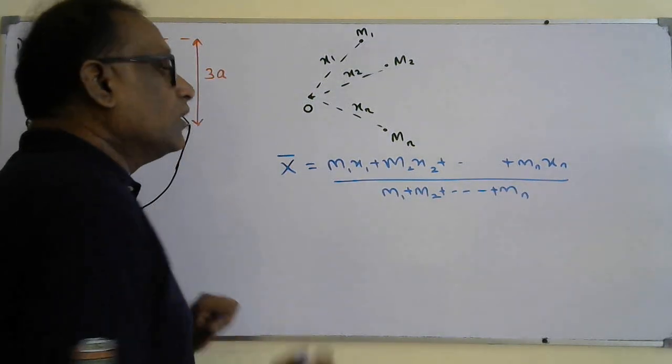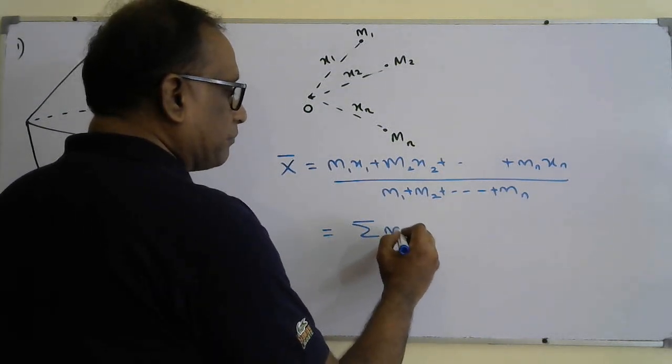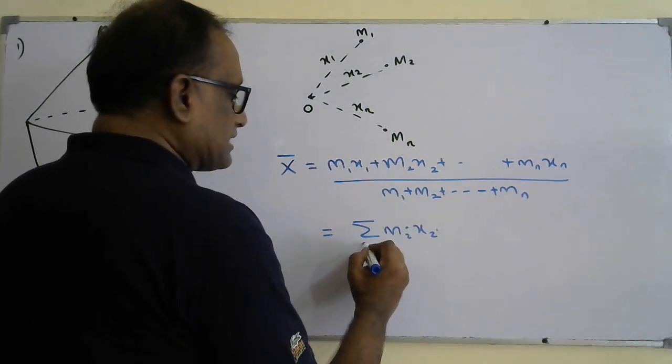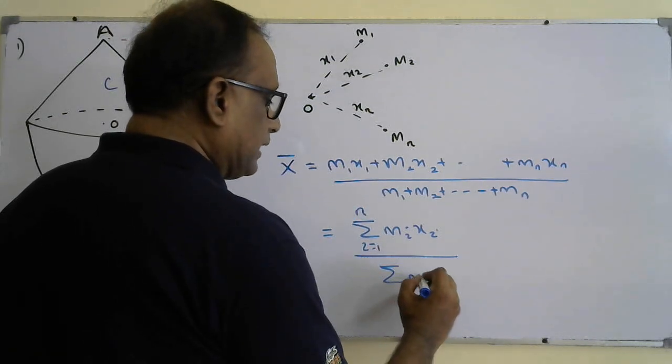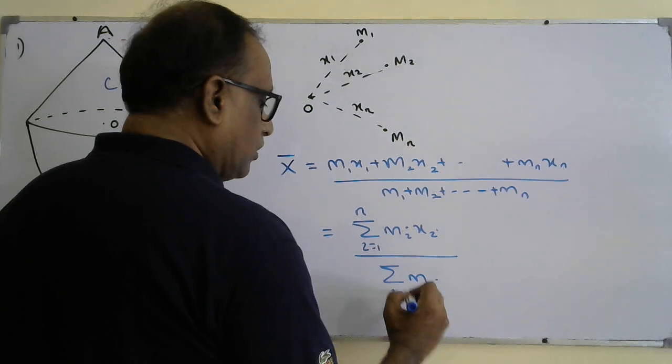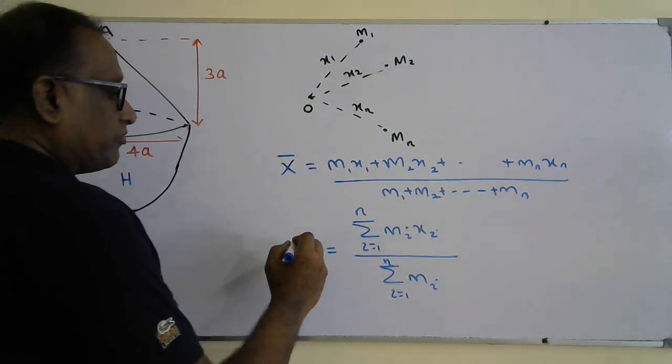That's the definition. In notation, we can say sigma mi xi, i equals 1 to n, divided by sigma mi, that's the total mass, i equals 1 to n. That is the definition of center of mass of the system of particles.